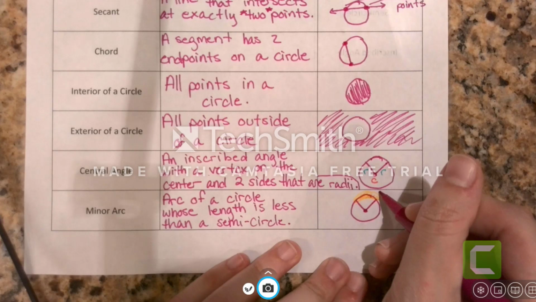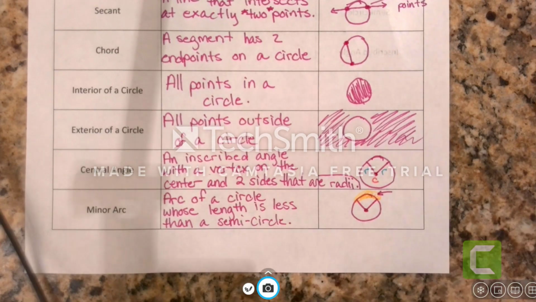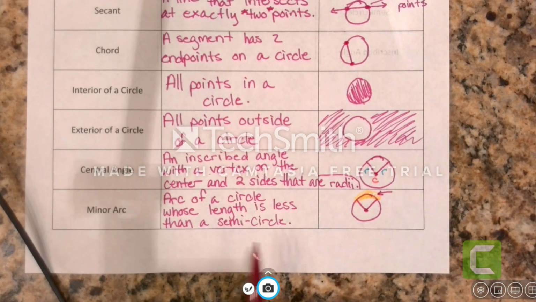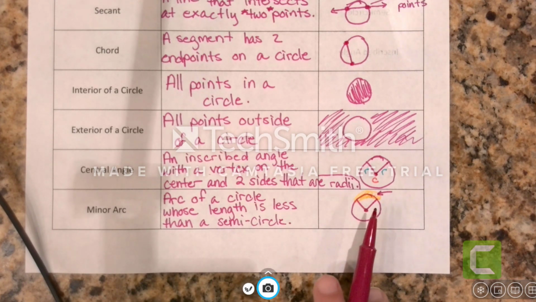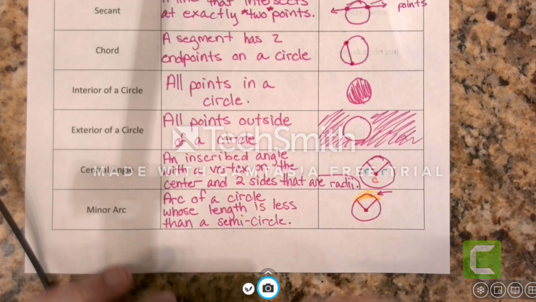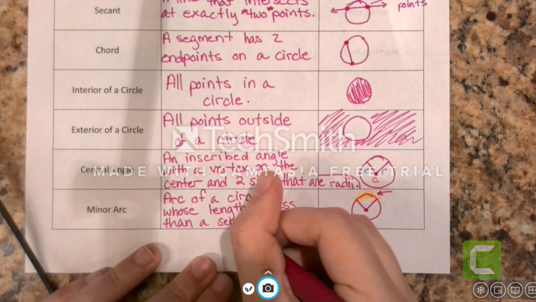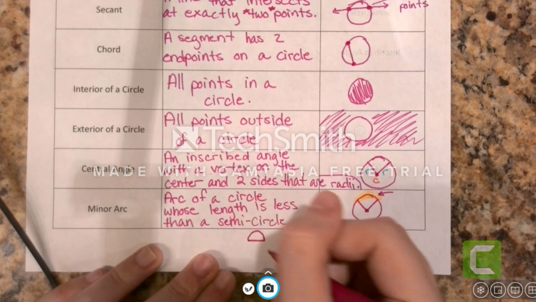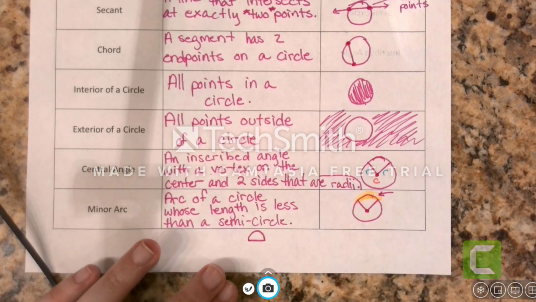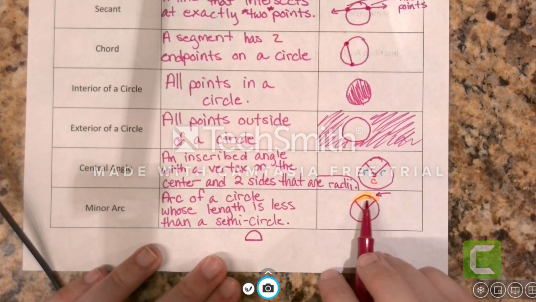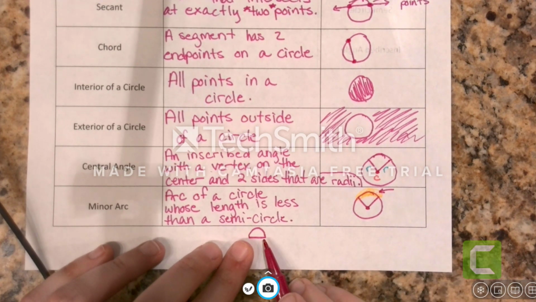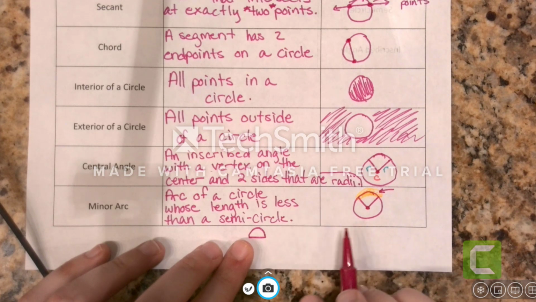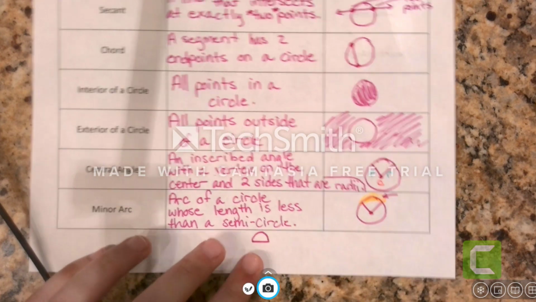I'll draw an arrow to make up for it. So when we're talking about a minor arc, we're talking about smaller arcs like these that measure less than the length of a semicircle. And a quick refresher, a semicircle is exactly half of a circle, just like that. So if you have a small arc that is cut like this and measures less than half of a circle, then we can call it minor.